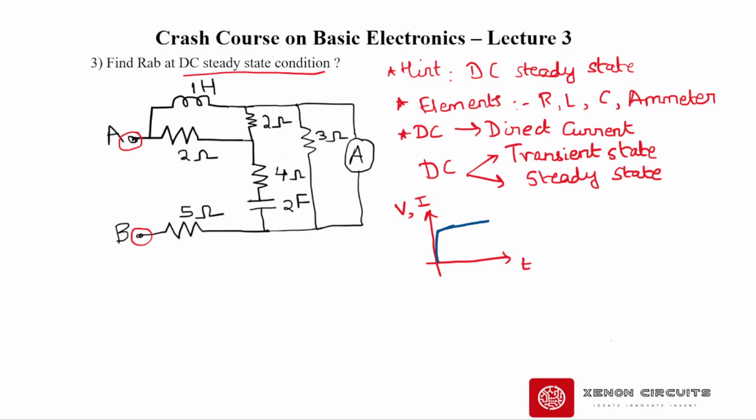Assume that this is a straight line, and from the origin till this rise point of either VDC or IDC is known as the transient state. The constant duration after the transient state is known as steady state.